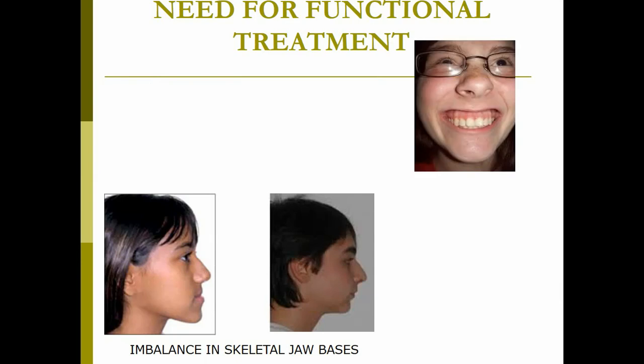Or it can be a redirection of jaw base required in any direction, need not be just sagittal. So it can be a vertical increased maxillary growth. As you can see in this picture, there is increased gumminess seen, which is denoting that there is a maxillary vertical excess in this patient. Thus, this patient needs a redirection of the maxillary growth.